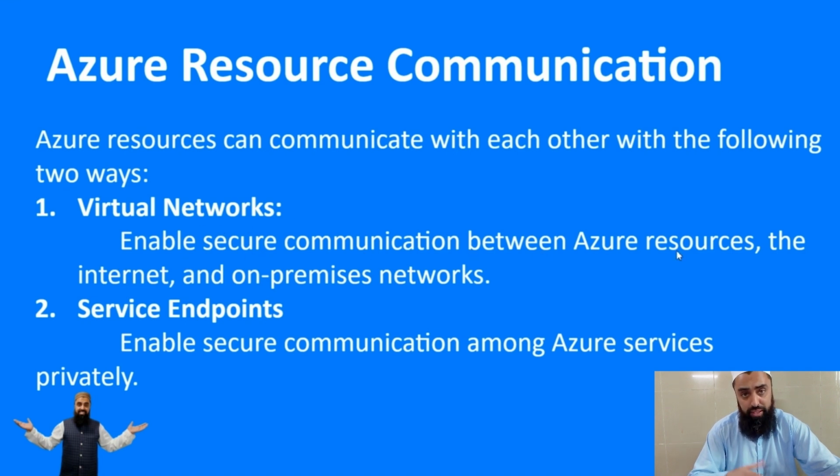Also, our resources can communicate with the internet, and at the same time can talk with our on-prem infrastructure. The other resource communication method is to have service endpoints, which enable secure communication among Azure services. Privately, we can use those endpoints so that our multiple resources can talk with each other.